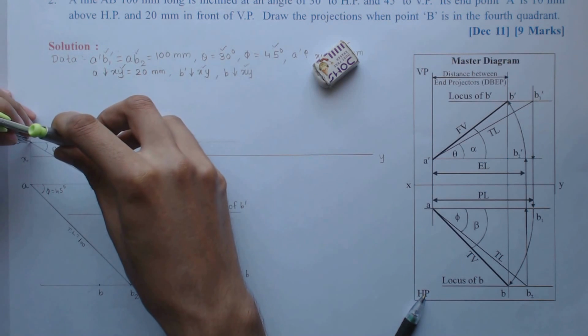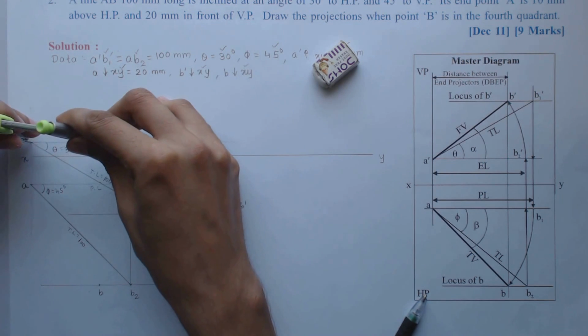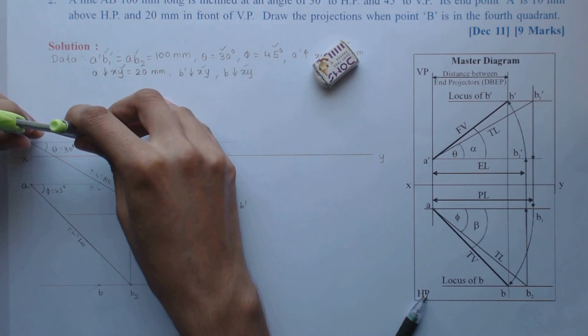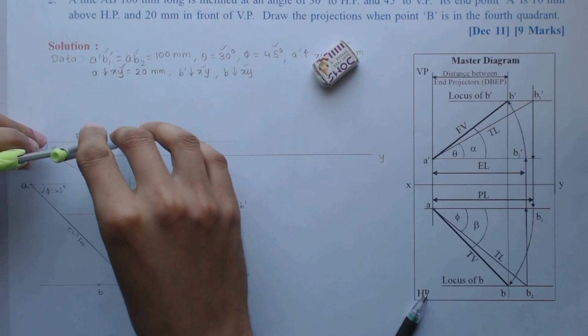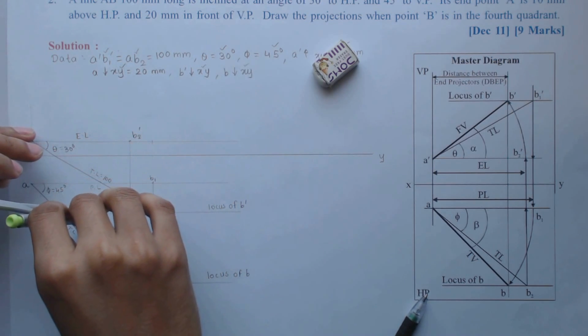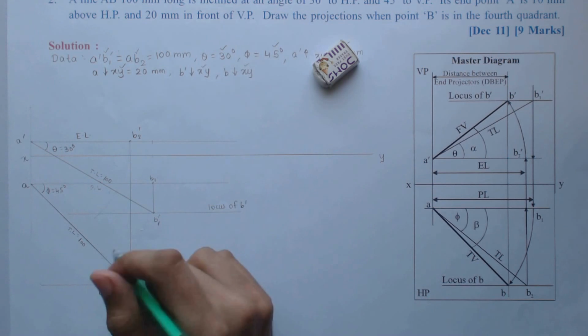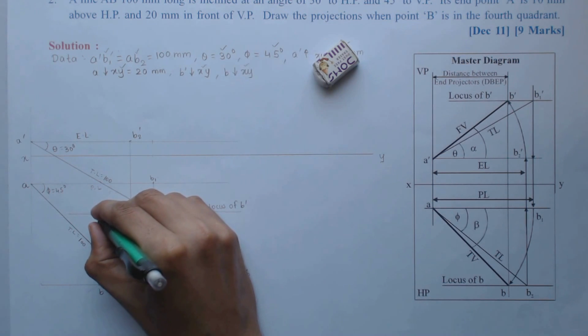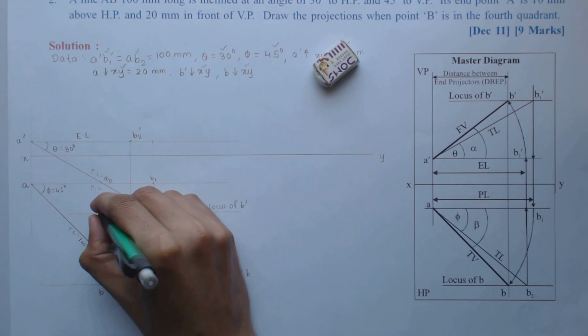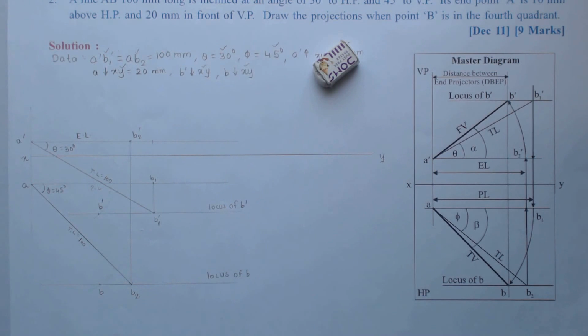So with the elevation length A dash B2 dash in the compass, I'm producing the arc up to the locus of B dash to get the exact front view of the point, which is B dash.